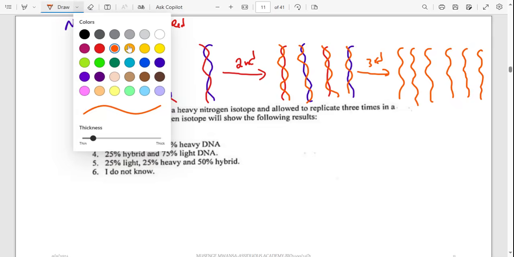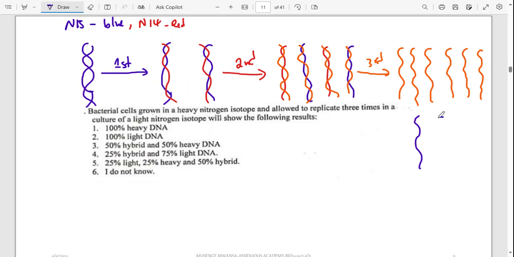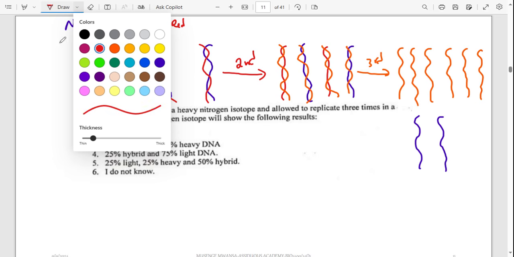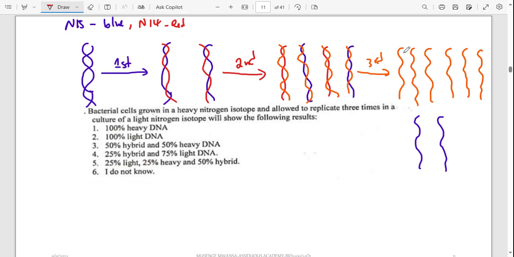And then we have got 2 blue ones. But because another replication is happening in an environment with nitrogen 14, each one of these strands is going to carry a red strand, each one of them.